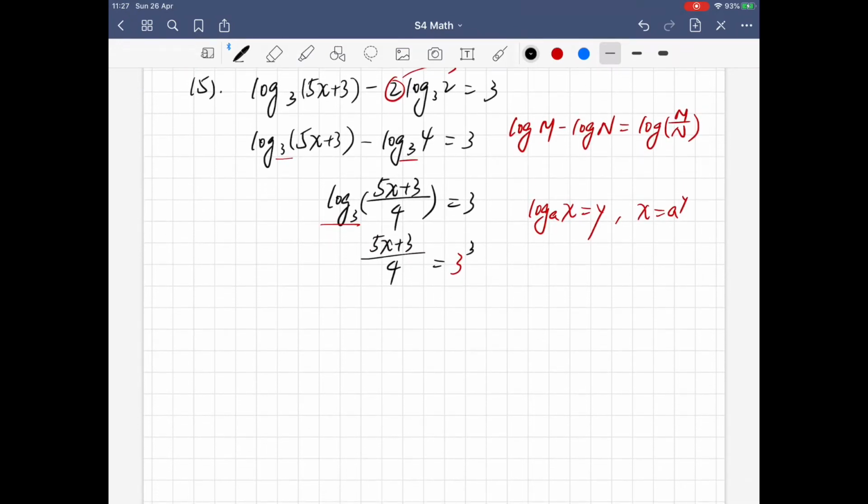So finally, we will do the calculation. 5x plus 3 equals to 3 to the power 3, that is 27 times 4. So that 5x plus 3 equals to 108. And 3x equals to 105. So that x is equals to 21.